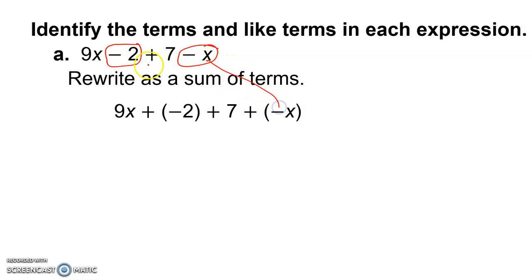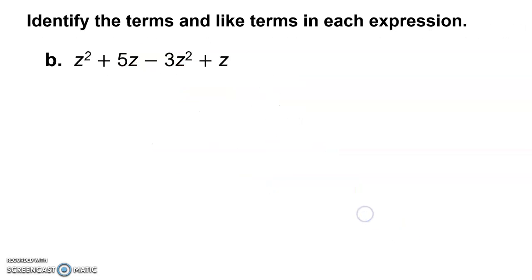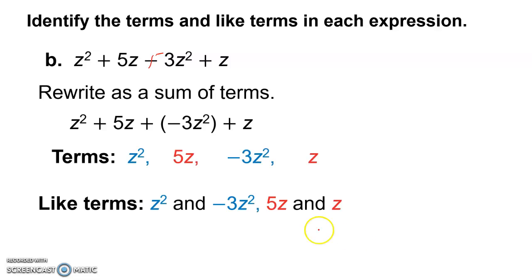That's why I circled the term, so I don't really have to change it to addition. Then they listed the terms and then the like terms. So that's just another example from the book. And here's another example from the book. They change it to addition by adding the negative. So now it's a negative, and then the like terms.